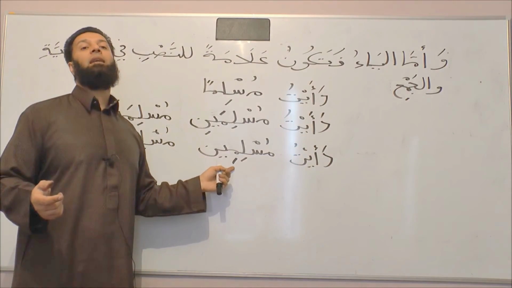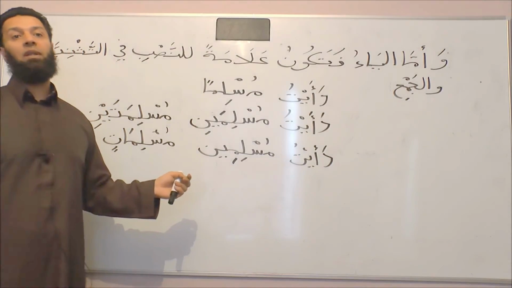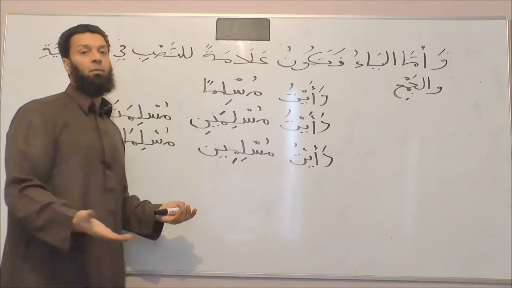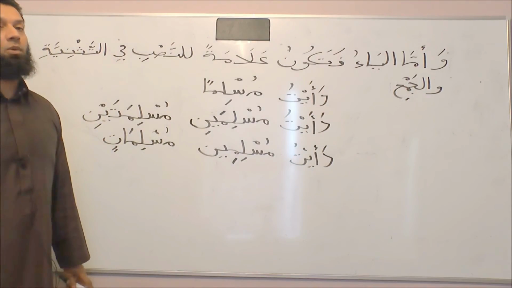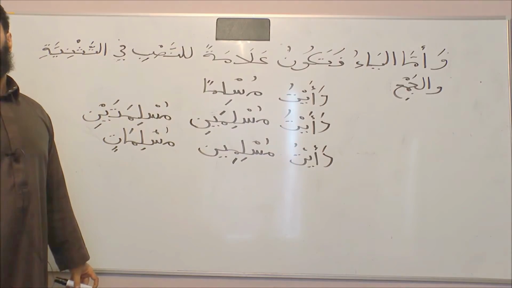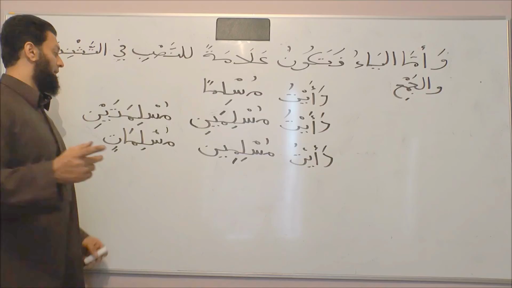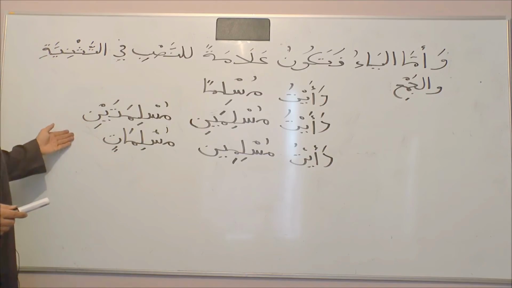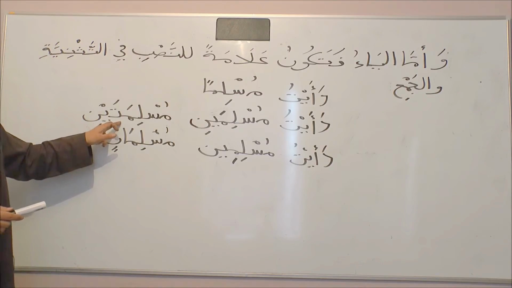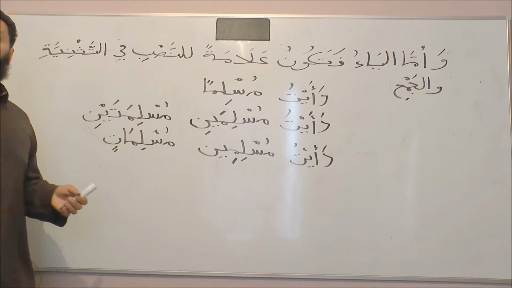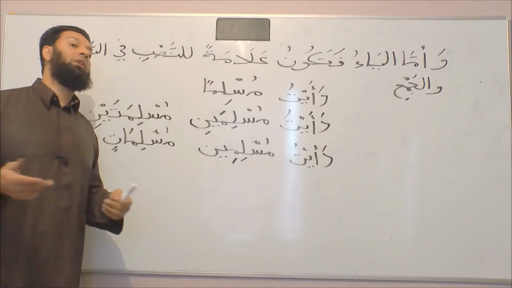But there's al-kasrah on the meem, the letter before al-ya', which is the correct method of pronouncing it to express the plural. And that's the example in the female, muslimataini. And it's the same for objects, siyarataini.